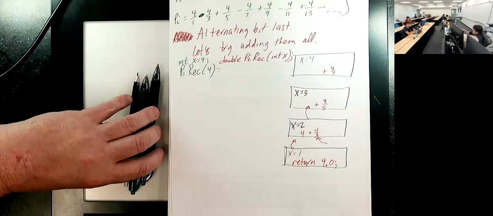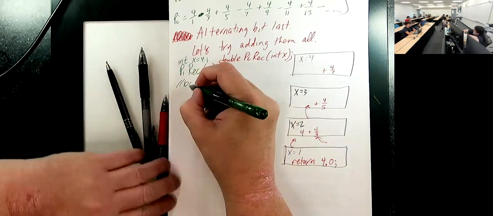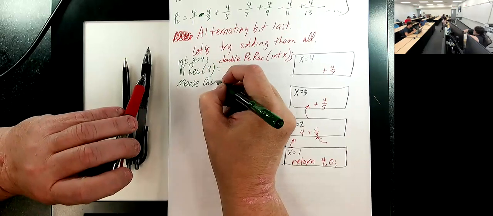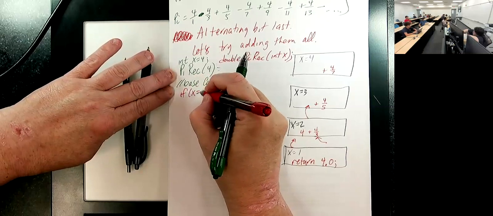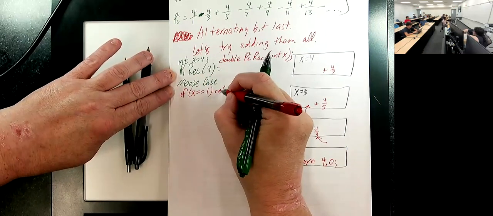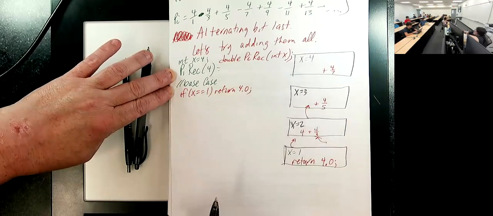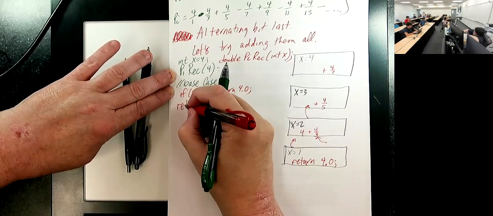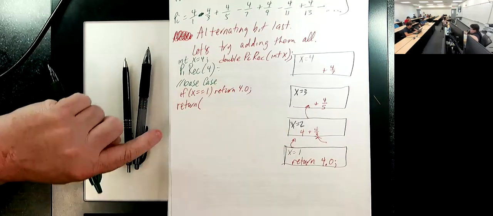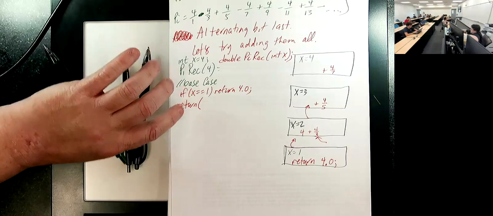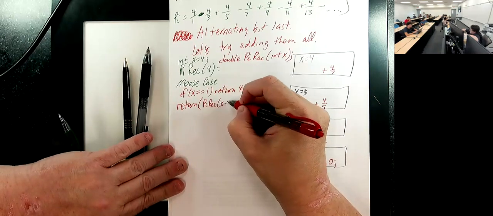So our base case is just return 4.0. If x equals 1, return 4.0. And then otherwise, let's take a look at what we're going to return. We want to do the pi recursive x minus 1. We want to get the 1 below it.